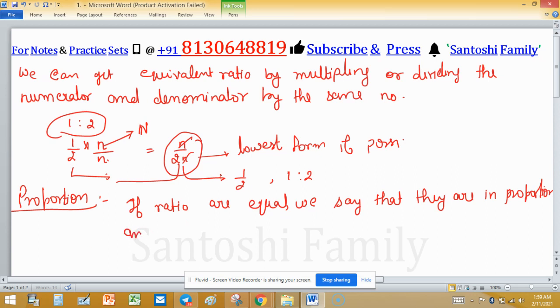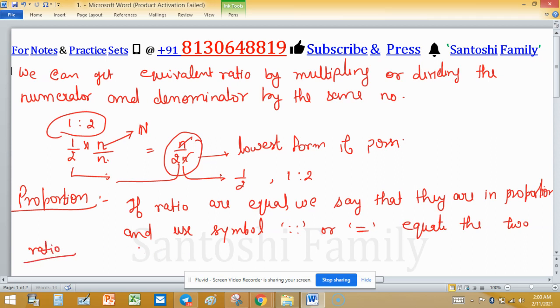And we denote it using this symbol, or the equal sign, for equality of two fractions. Equate the two ratios.